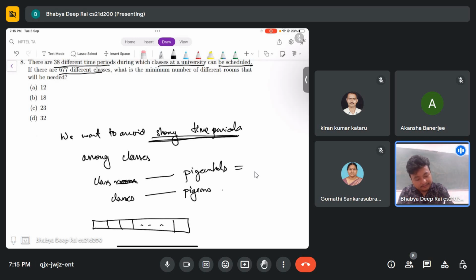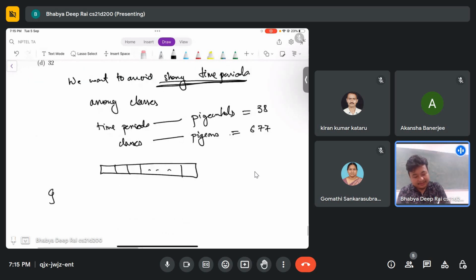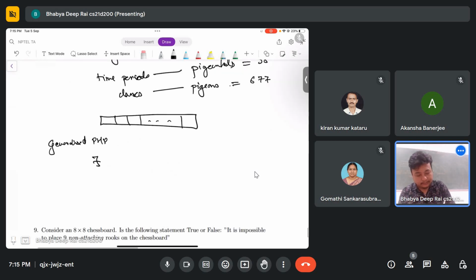Yeah. So therefore, the time periods become your pigeonholes, which is nothing but 38, and the classes become 677. So what does the generalized principle say? There exists at least one time period where ceiling of n by k classes are held in the same time period.